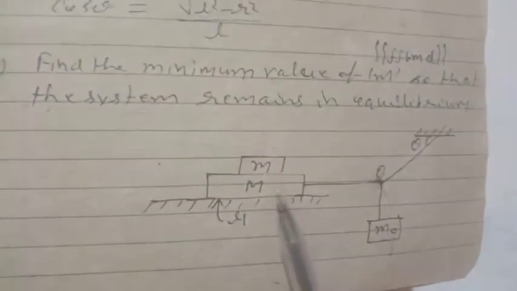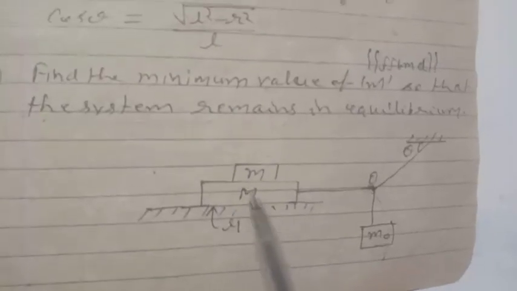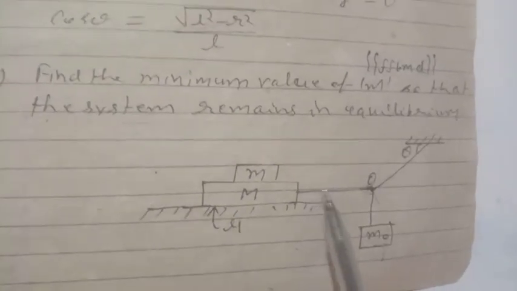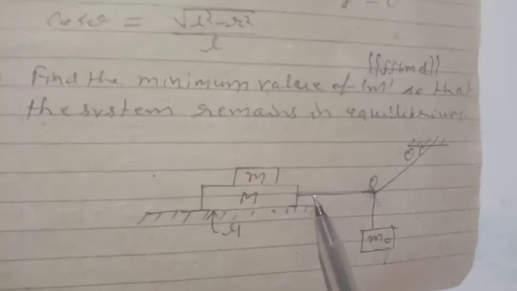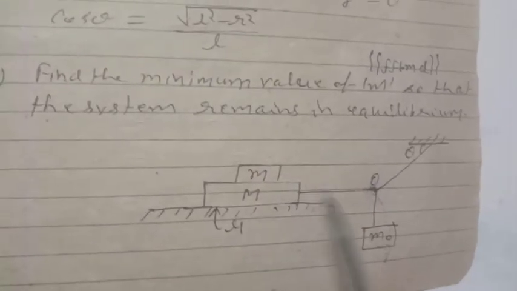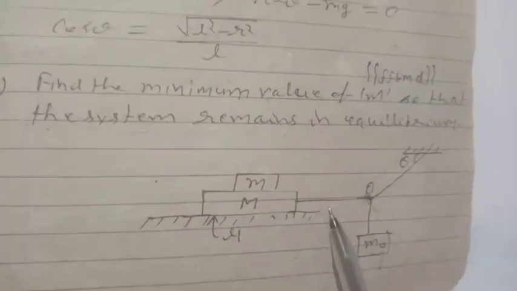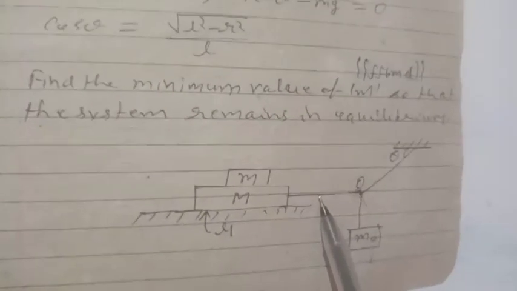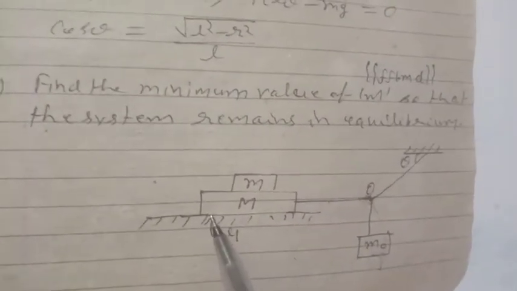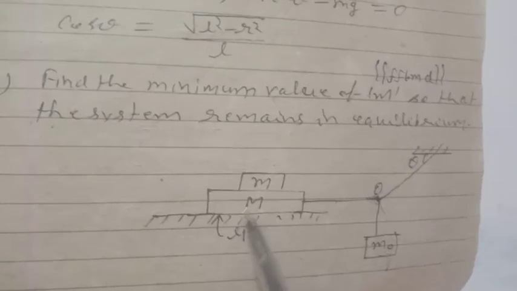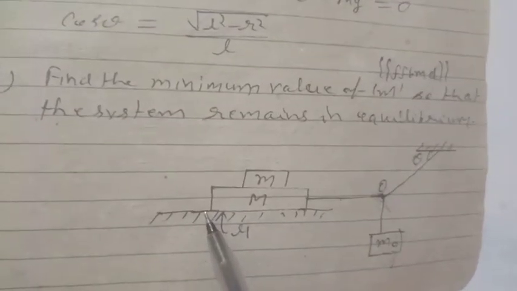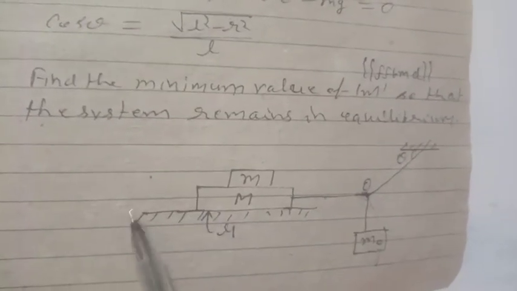There will be a tension in this string which will be pulling this body in this direction. Let's consider that tension is T, and because friction force is also acting here, there will be a friction force acting on this in this direction.